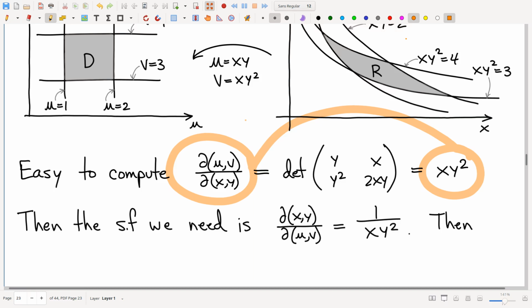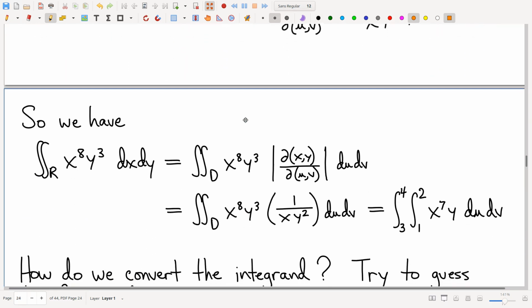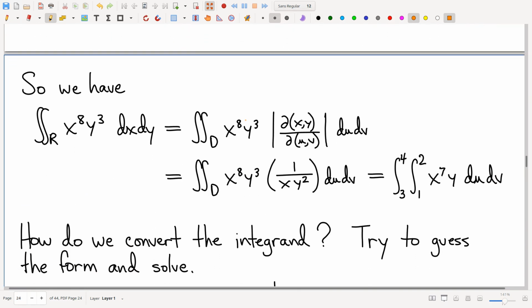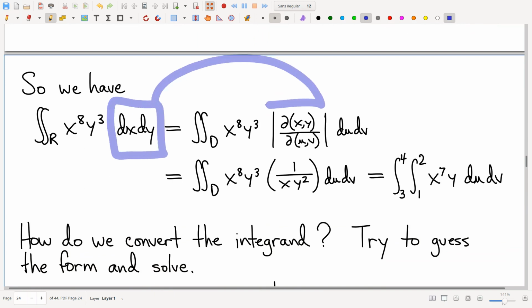The easy way to keep track of this, again, is with the notation. We started off with a dx dy integral. I want to rewrite the dx dy in terms of du dv because I want this to turn into an integral in the UV plane. So I need to know what's the relationship between dx dy and du dv.